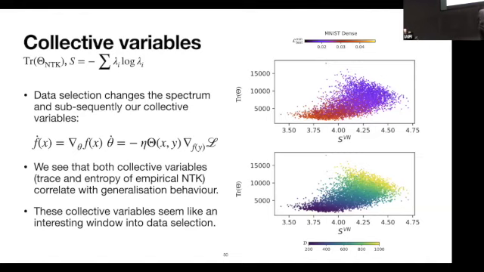Yes. So this is exactly that picture here, right? That's what you should take out of this. If you fix your architecture, for instance, these collective variables do feed into how good your prediction is in the end.